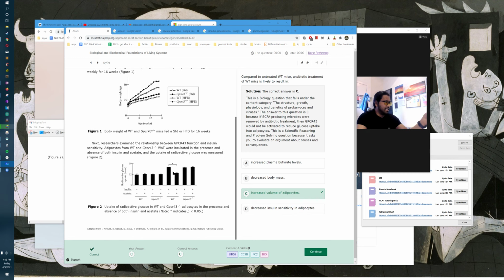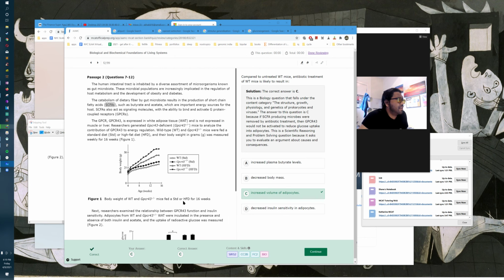So I guess they did the testing of insulin sensitivity in figure 2. That's why I honestly went by D, because I was like, okay, if acetate suppresses glucose uptake, it's going to increase insulin sensitivity.